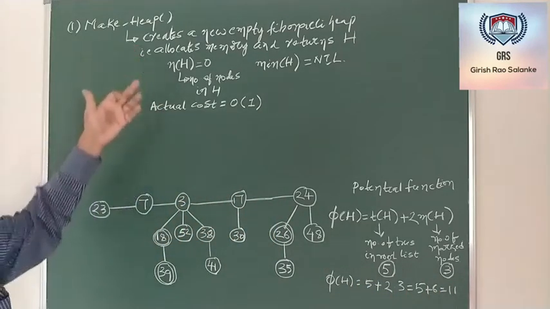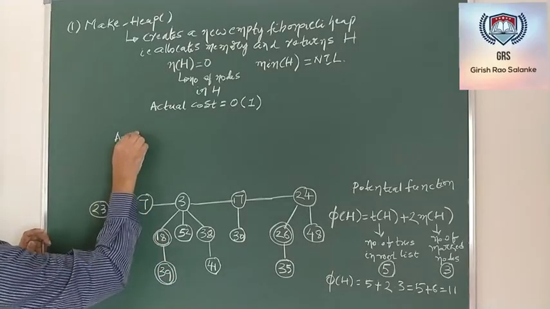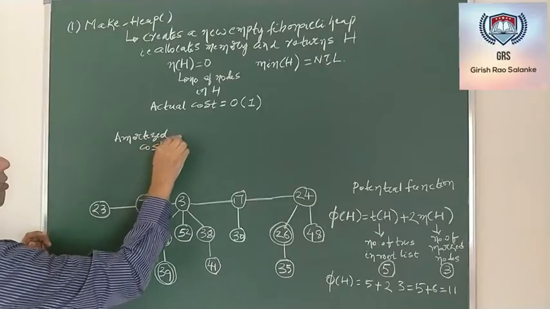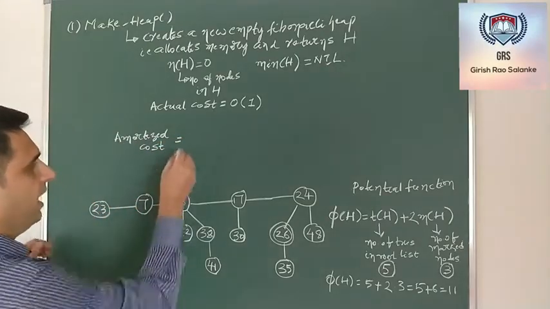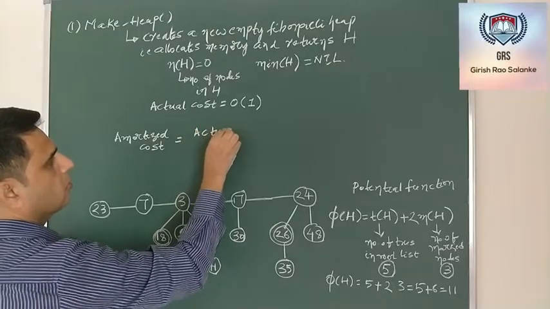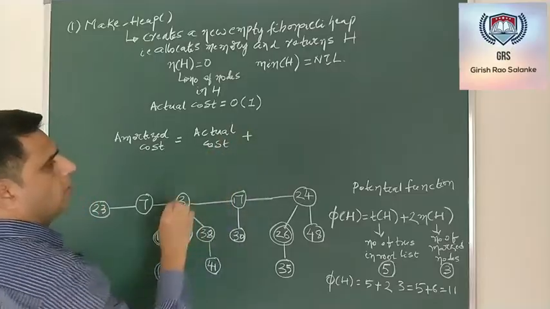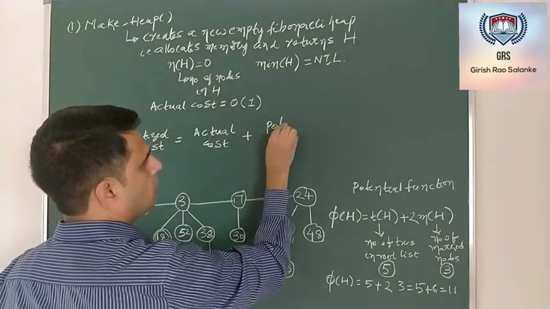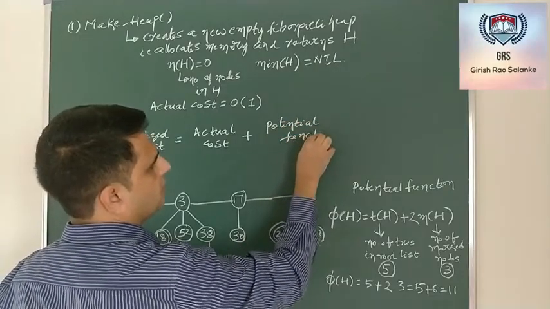Now, here in case of make heap, what is the amortized cost? The amortized cost is nothing but the actual cost plus the change in potential function.